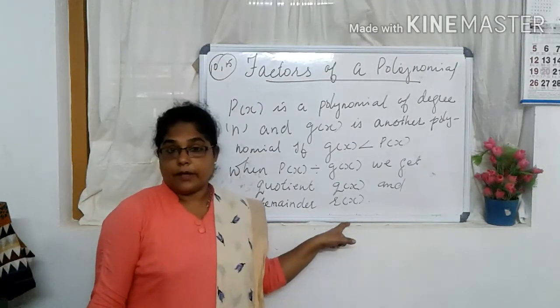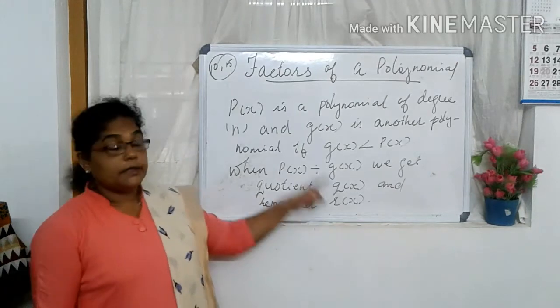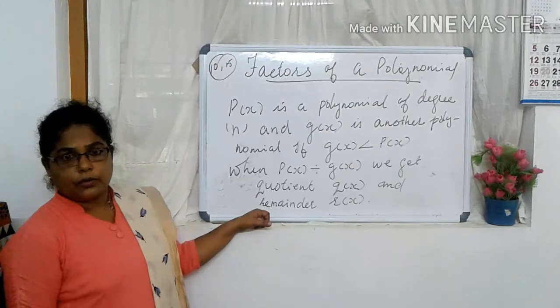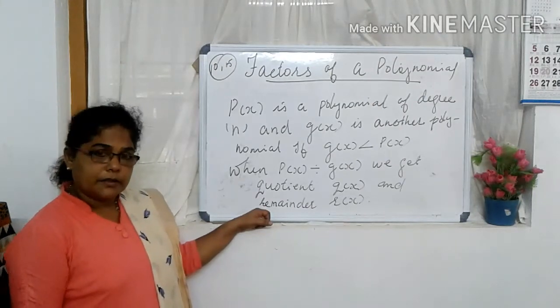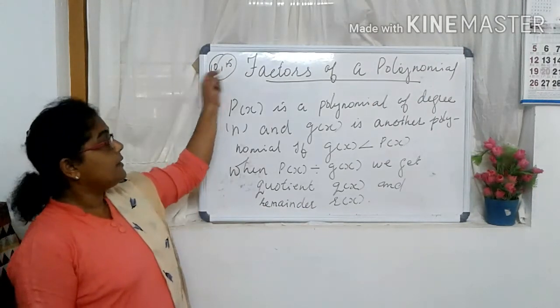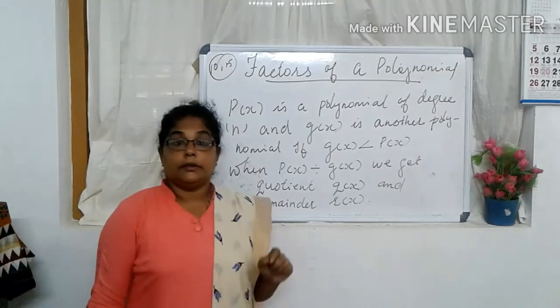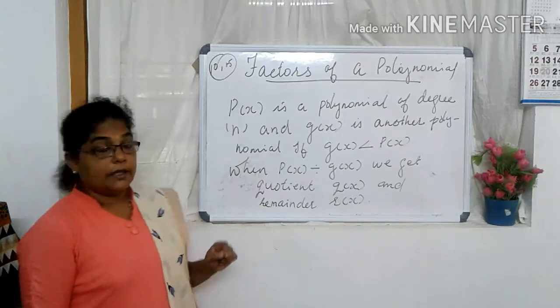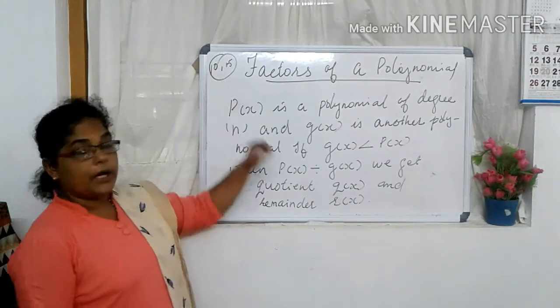Yes, they are factors. How is it a factor? 5 is a factor of 10. When we divide 10 by 5, the remainder is 0. It means that 5 is a factor of 10.